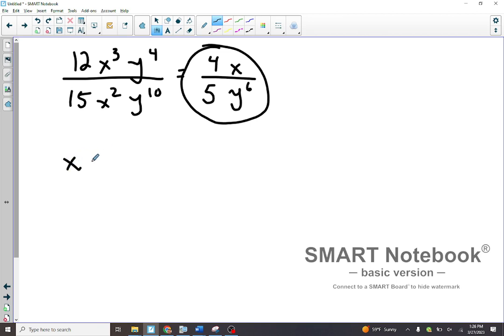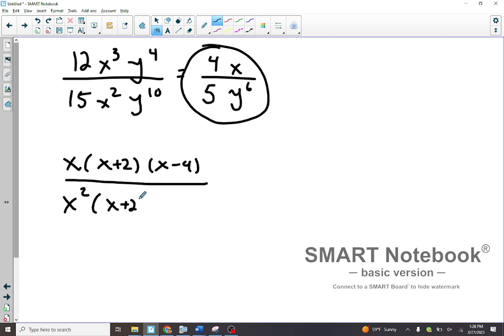So x plus 2, x minus 4, over x squared, x plus 2 squared, x plus 4. So can you cross out the x plus 2's but one? So in this situation, I'll let you guys copy it down. Squared, so that means you would keep one another x plus 2 on the bottom.